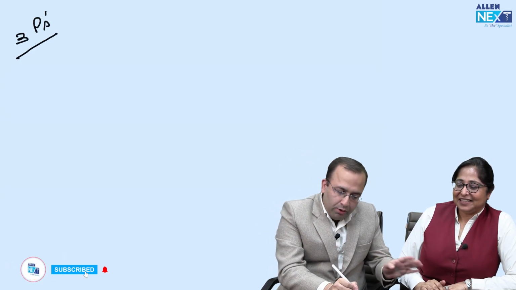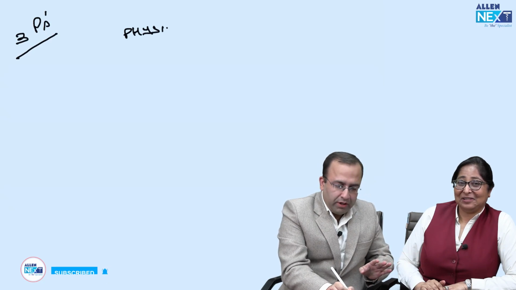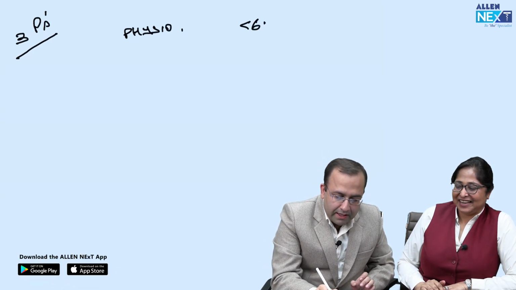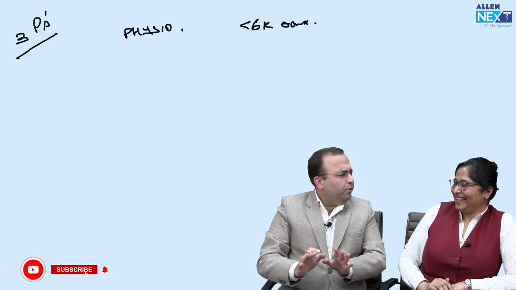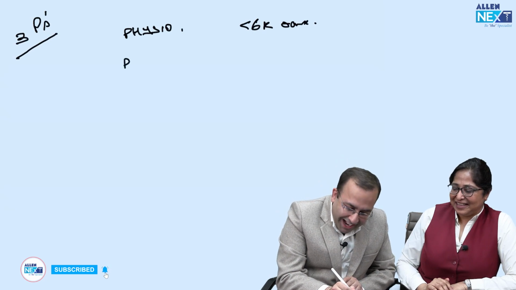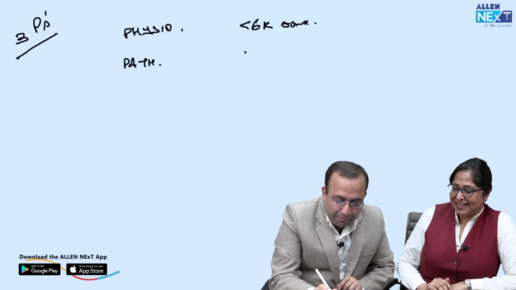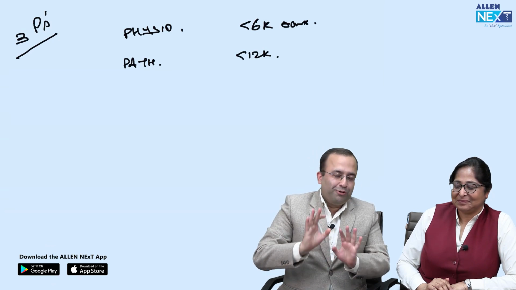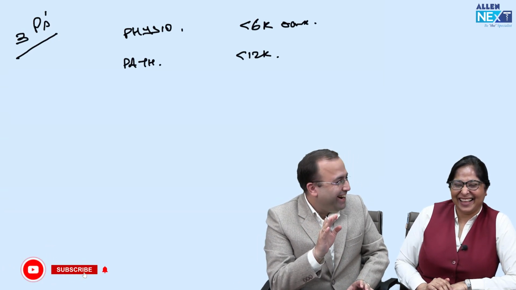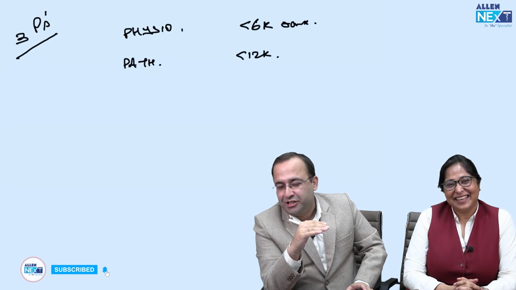You can ignore physio, I mean, no offense, ma'am, but you can say goodbye to the less than 6K rank. You can ignore path, but in that case, you can say goodbye to the initial 12K rank. Ignore pharma at your own risk, and then probably things will worsen.